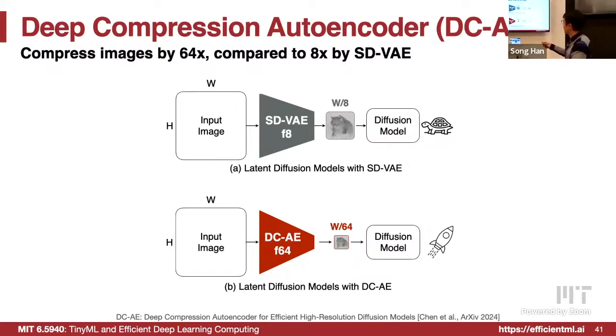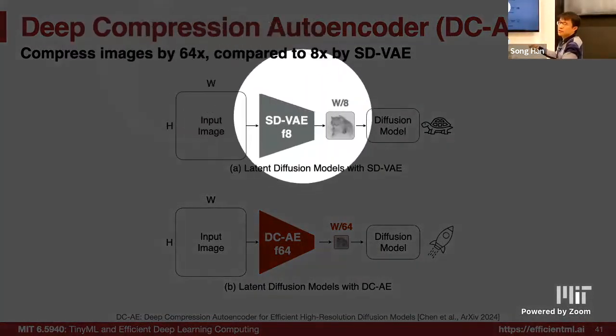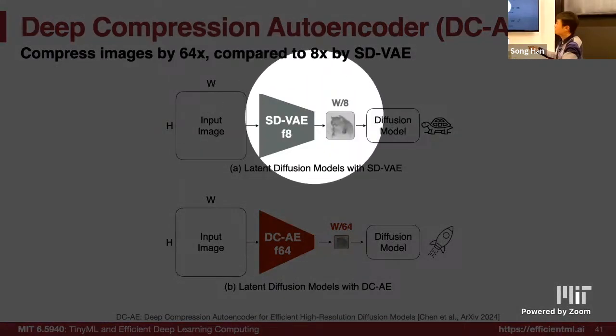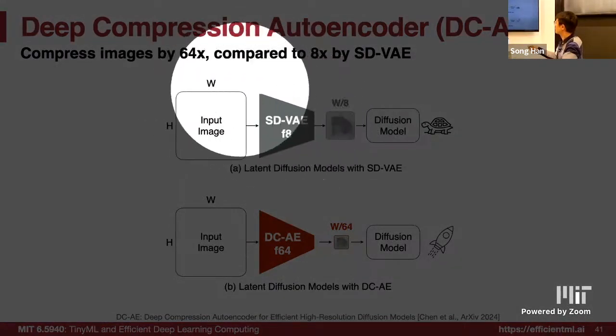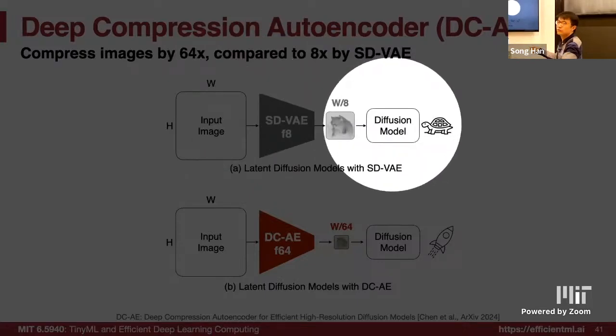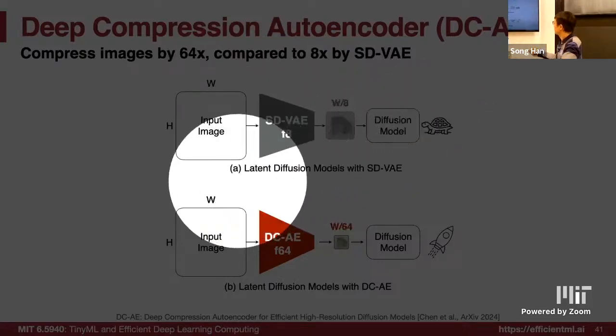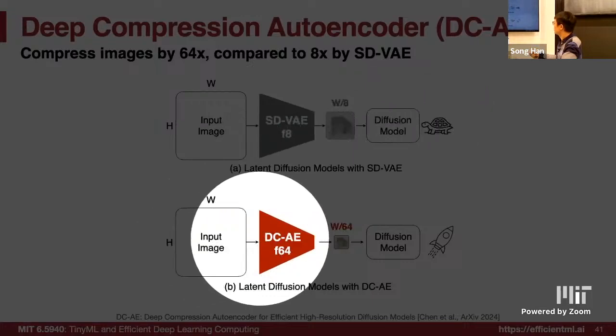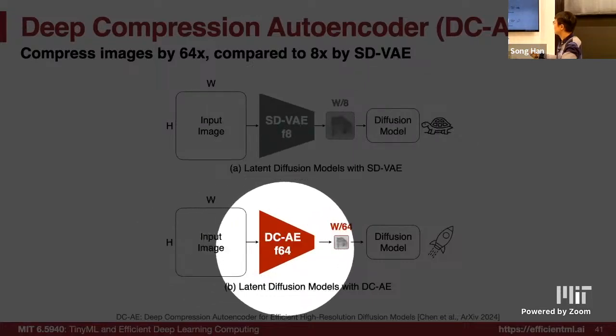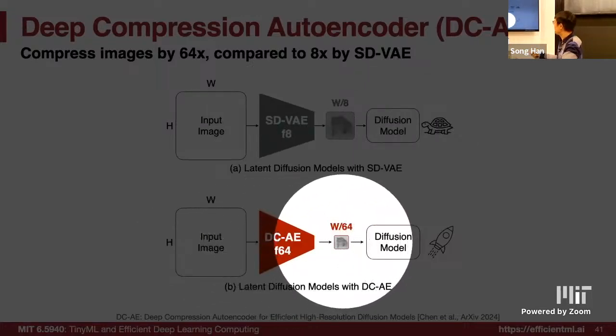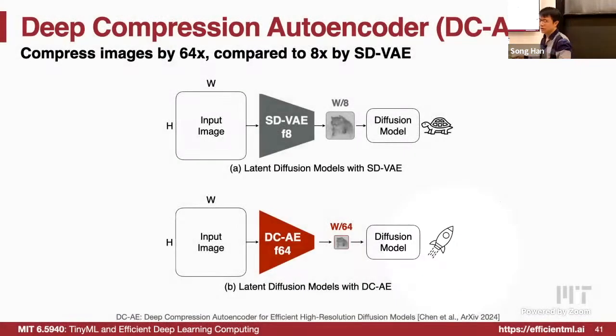Okay. So this is the original Stable Diffusion's variational autoencoder, VAE, reducing the resolution by 8 times, passing through the diffusion model, pretty slow. This is our proposed approach using deep compression autoencoder, 64 times compression, passing through the diffusion model, and it is much faster.